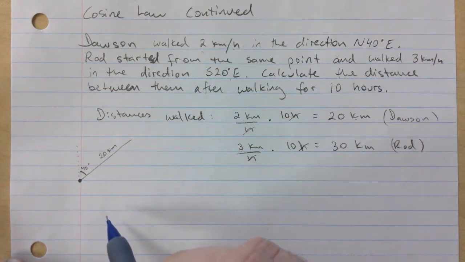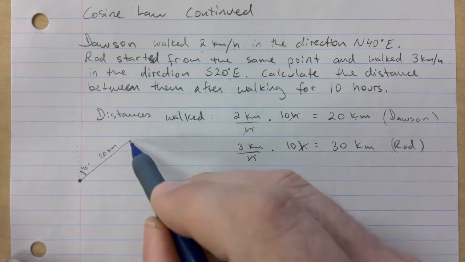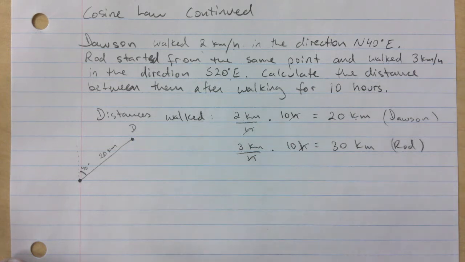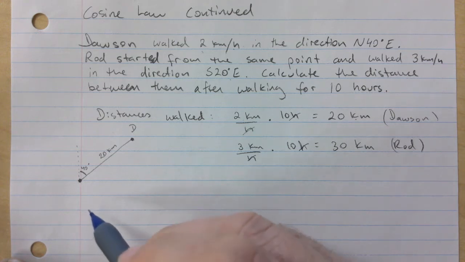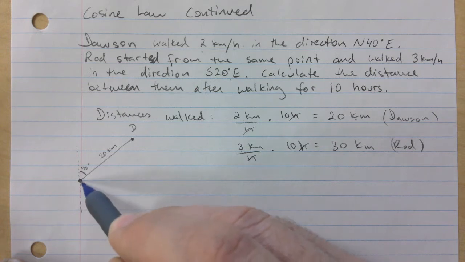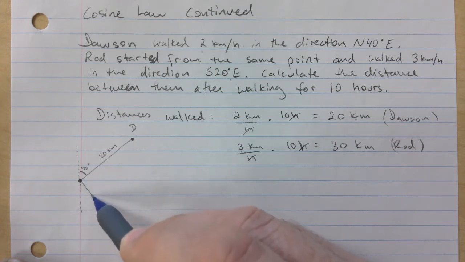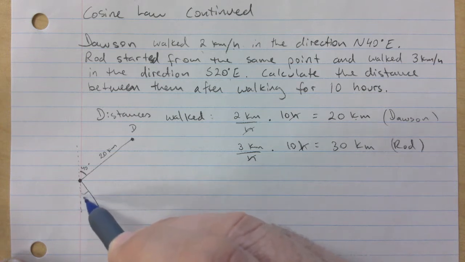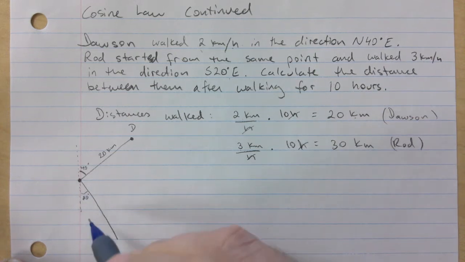Then Rod, so I'm going to make the stop here. I'm going to call this D for Dawson, right? And then Rod is going to go south, and it's going to go 20 degrees here, right, for 30 kilometers.